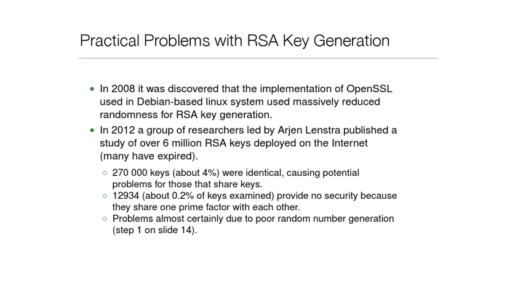And in 2012, a group of researchers led by Lenstra, a mathematician, published a study of over 6 million RSA keys deployed on the internet, which may have expired. So expired keys are there on the internet. That is also a practical problem.